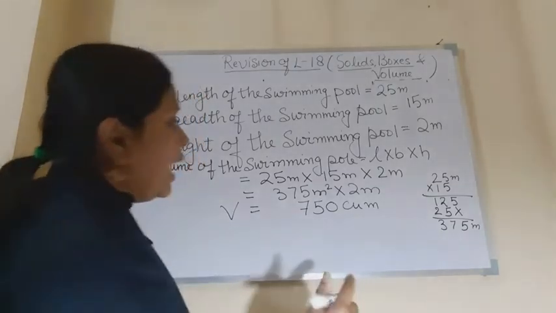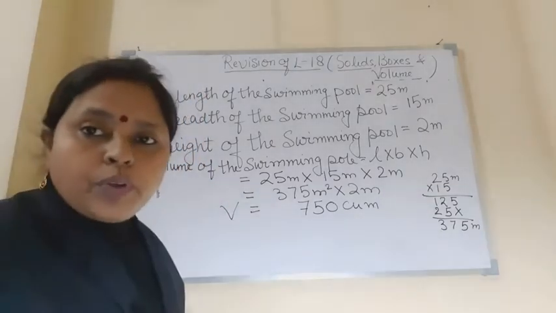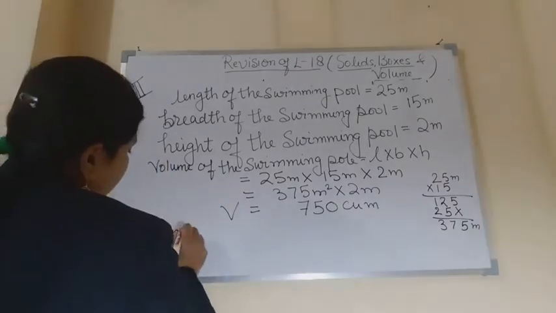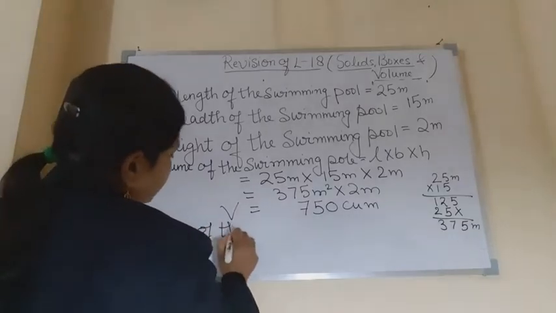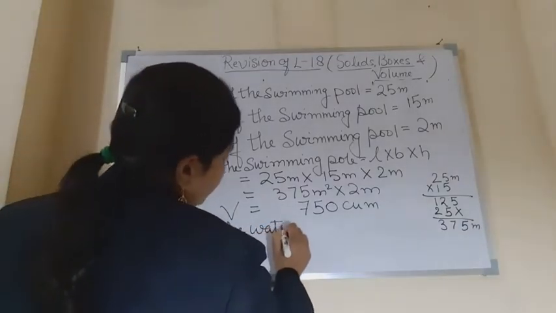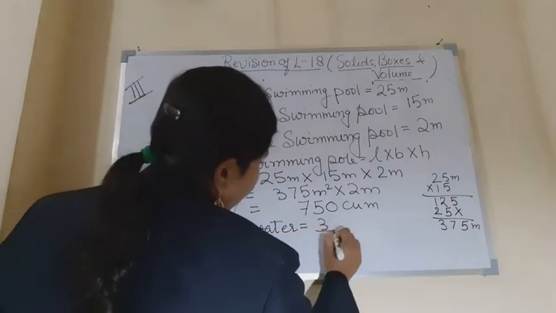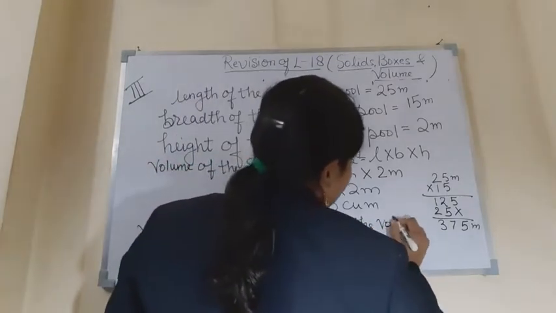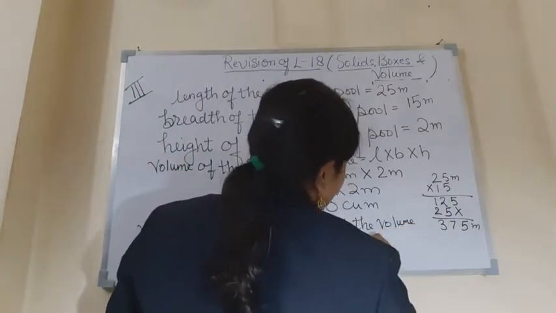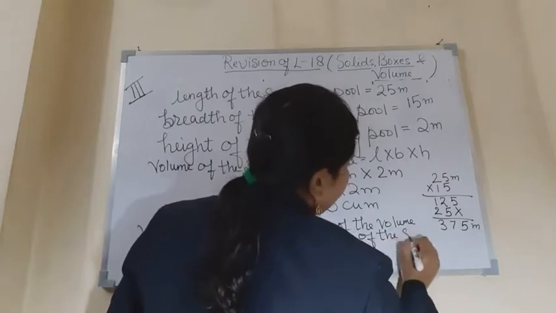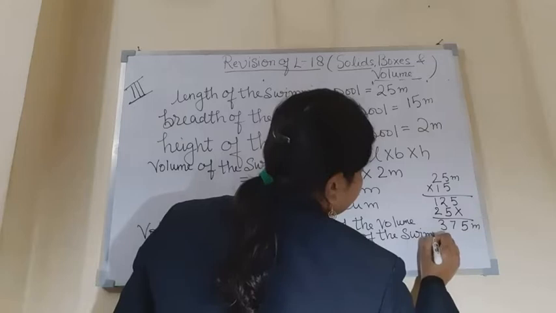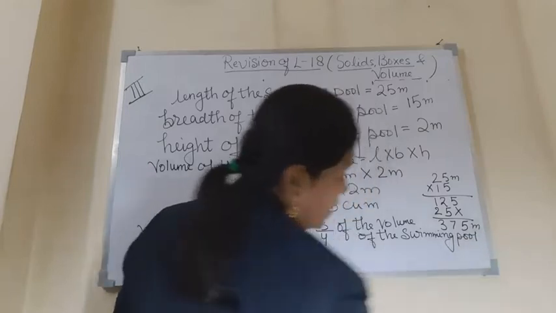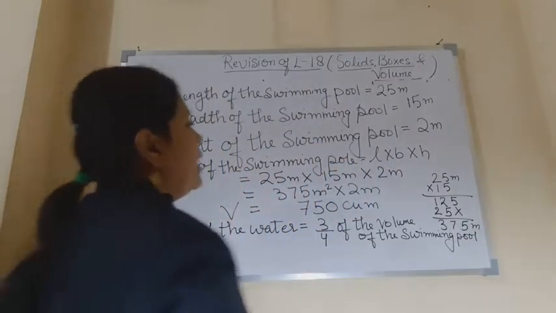As we know that the swimming pool is 3/4 full of water, therefore we can say that the volume of the water in the swimming pool is equal to 3/4 of the volume of the swimming pool. So now let's see.